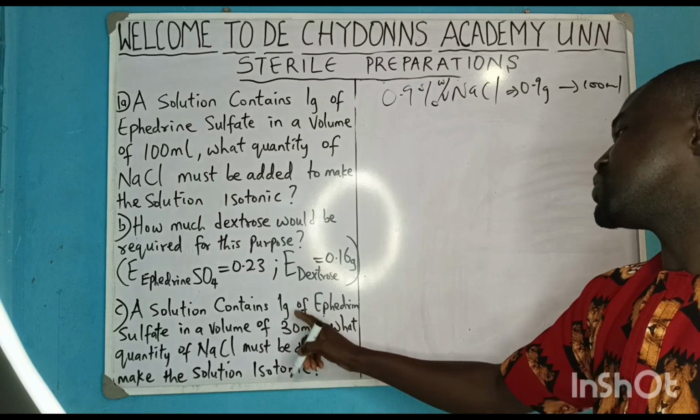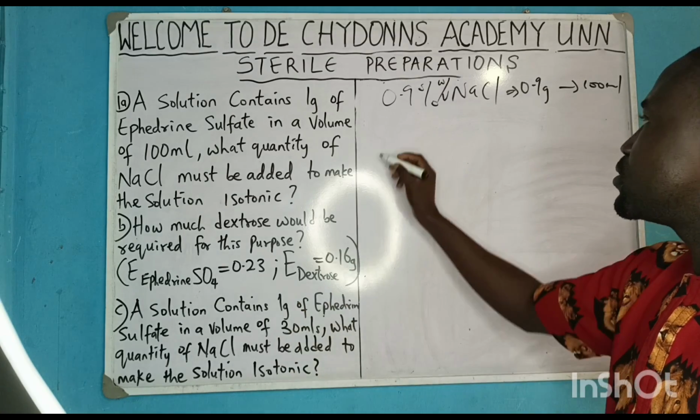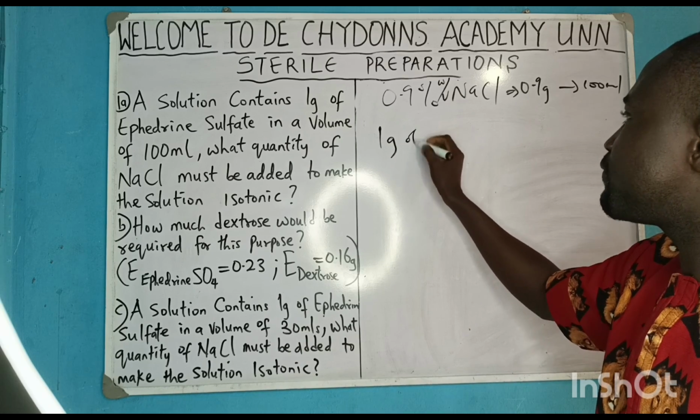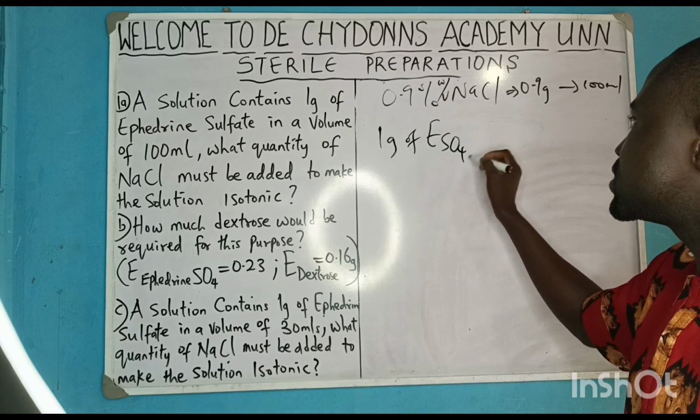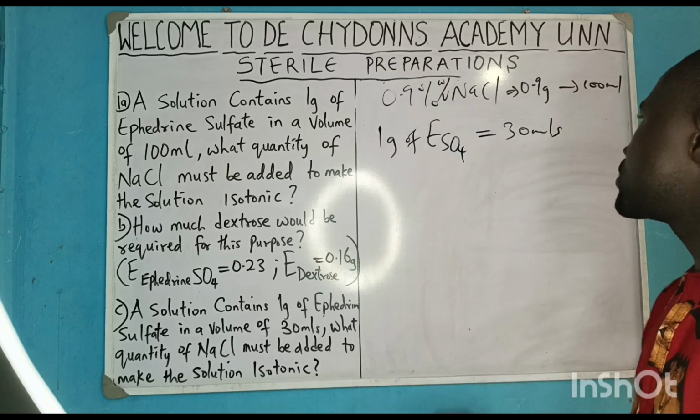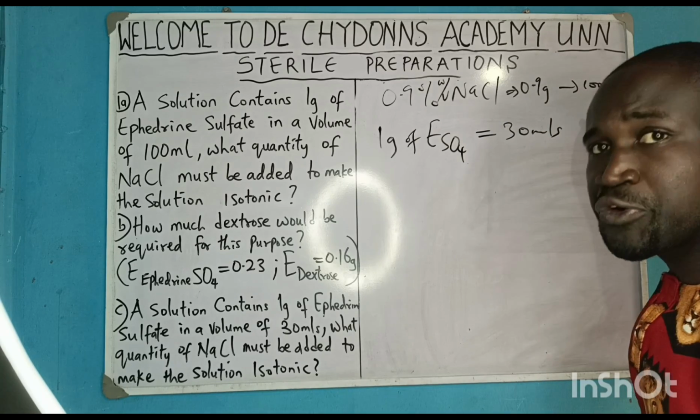Now, this one is 1 gram in what? 30 ml. For the ephedrine sulfate given to us, they say 1 gram of ephedrine sulfate is 30 ml, and we are looking at it to be in 100 ml.